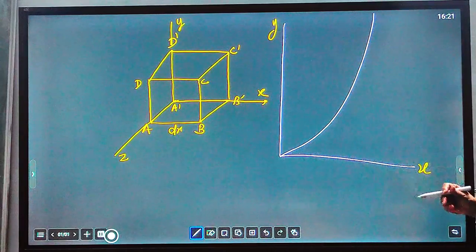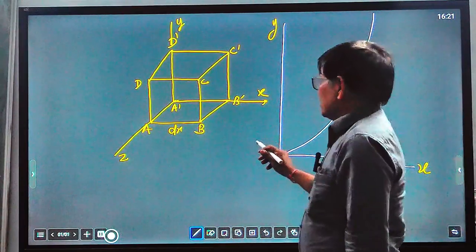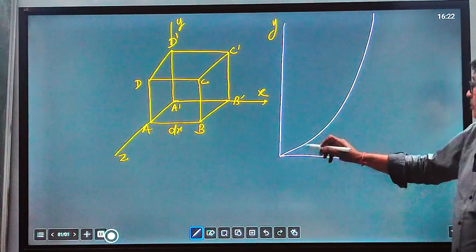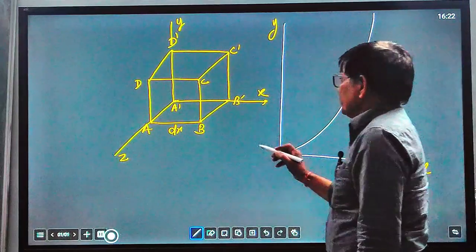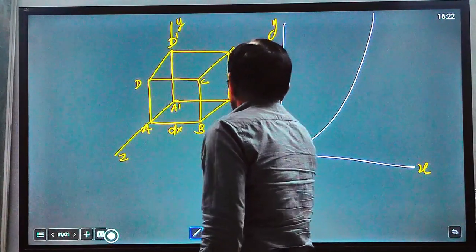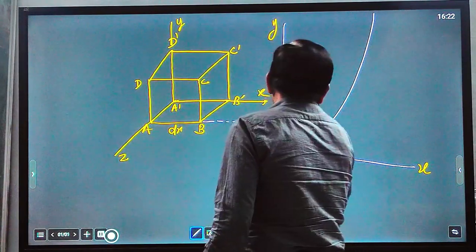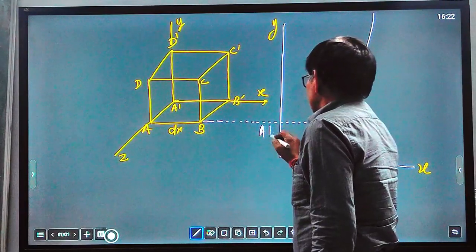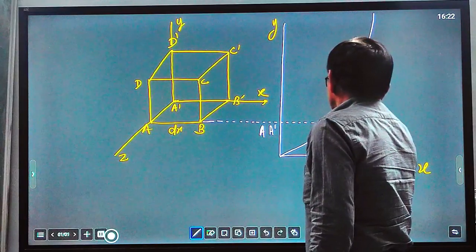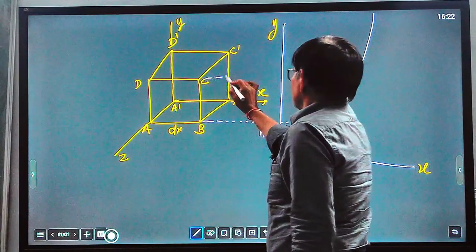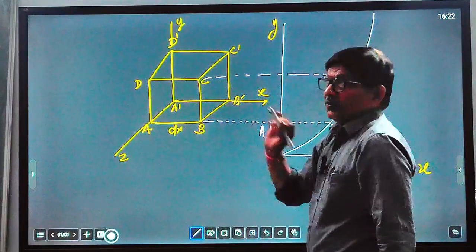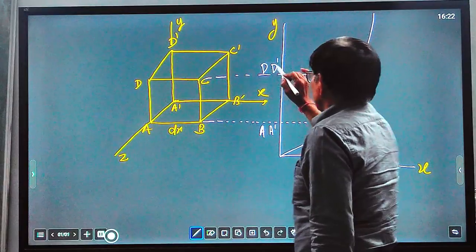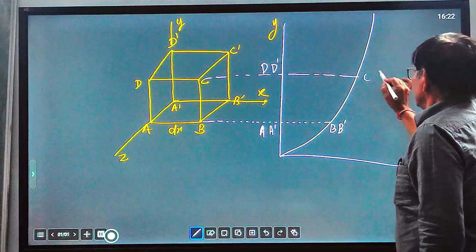We know that the velocity distribution from the fixed plate to the upper plate is like a parabola, and we will project it here. In the two-dimensional projection, you will find here point A dash, here point B dash, and because this is the upper surface and this is the lower surface, here point D dash and here C dash.